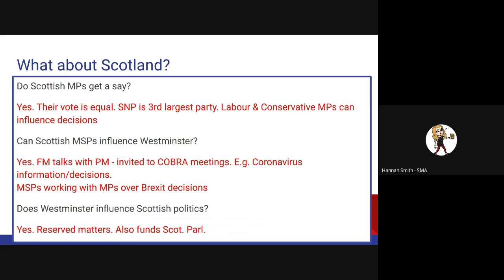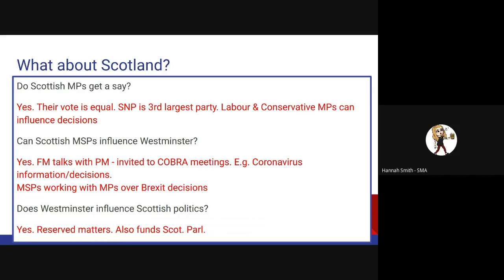Can Scottish MSPs influence Westminster? So this is a question asking, could people in Holyrood, in the Edinburgh Parliament, actually have a say in what happens down south? Yes, actually. Our First Minister, Nicola Sturgeon, talks with the Prime Minister. Most recently, she's been invited to COBRA meetings.